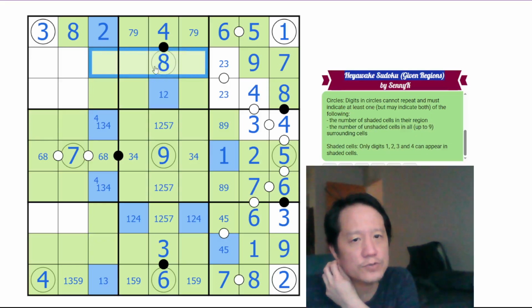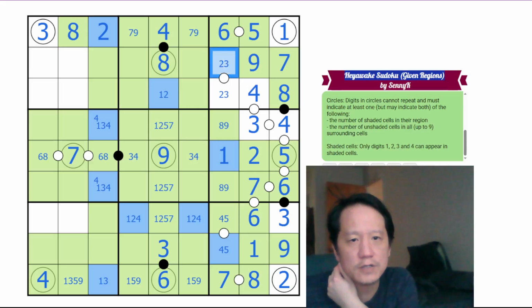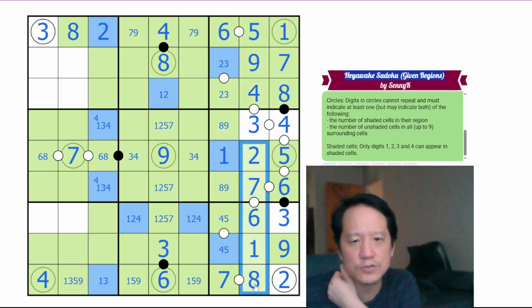This goes through 2 levels, so this must be shaded, which means this is unshaded. We have only one shaded cell in the region because this cannot be one unshaded cell here. So this is unshaded. This is unshaded. This goes through 2.